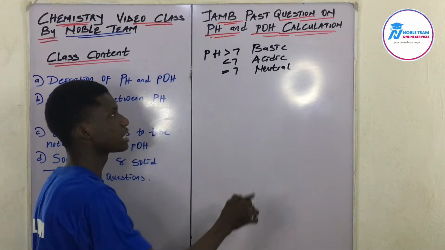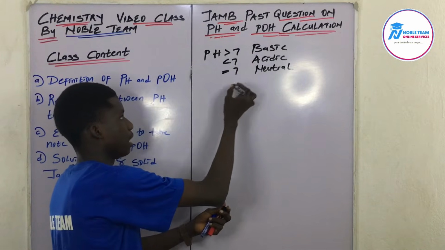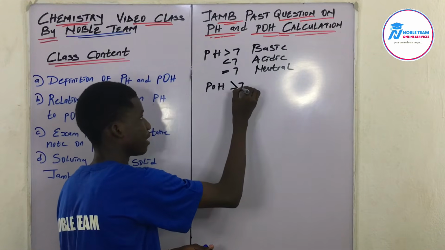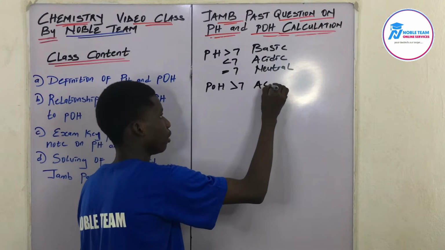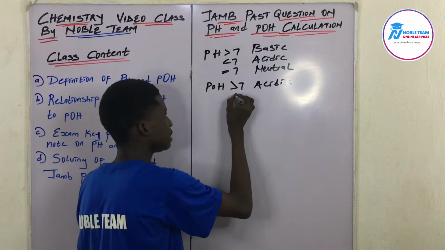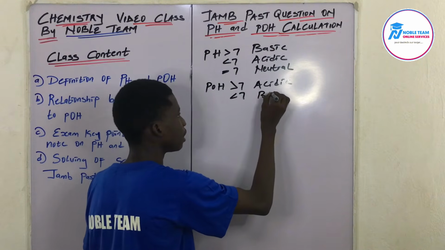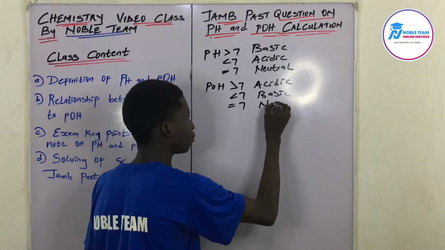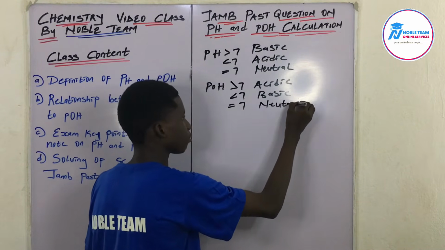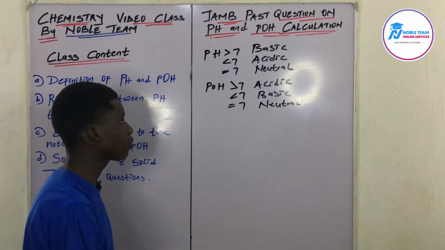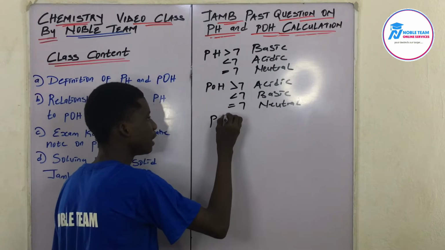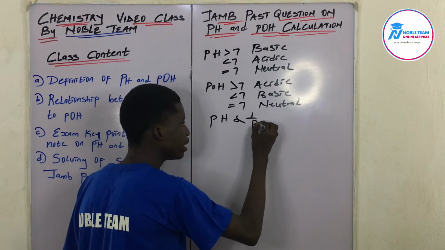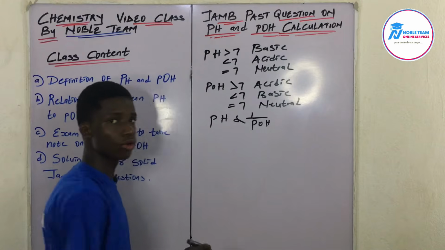Coming to pOH, it is going to be the vice versa of this. pOH, once it is greater than 7, it is acidic. And once it is less than 7, it is basic. And once it is equal to 7, it is neutral. Just take note of this. And also take note that the pH is inversely proportional to pOH.